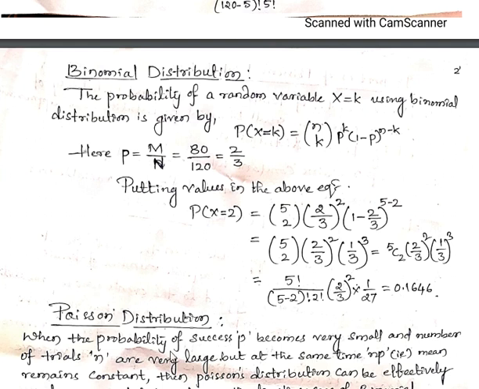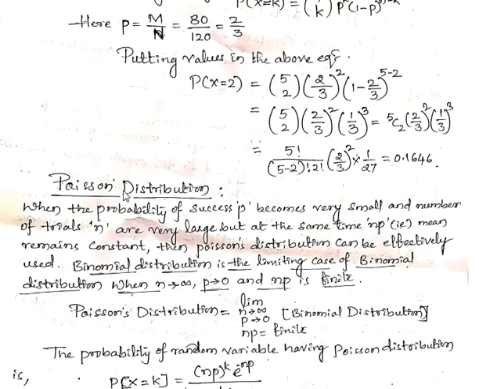So this is regarding the binomial distribution. Then the next kind of distribution is Poisson's distribution. Poisson's distribution is a sort of binomial distribution itself, but the probability of success is very small in comparison with the number of trials n. So in such cases, we use Poisson's distribution rather than binomial distribution.